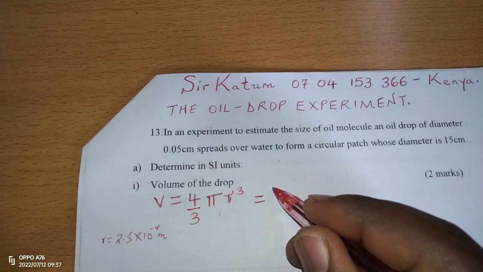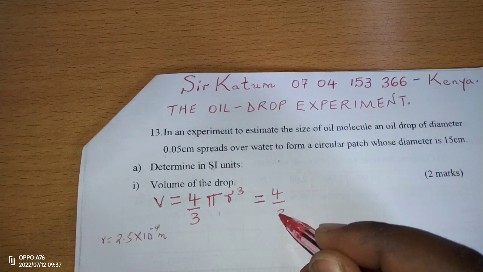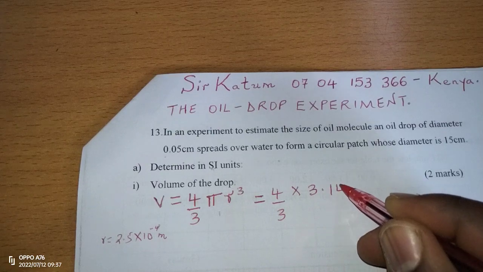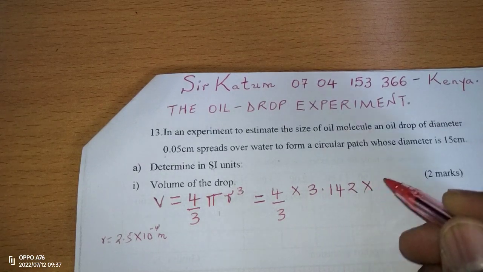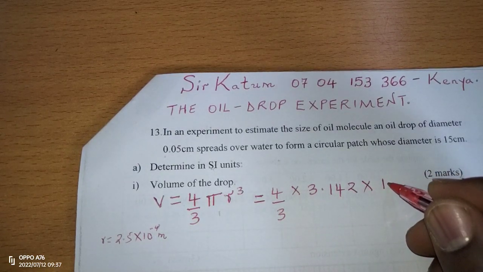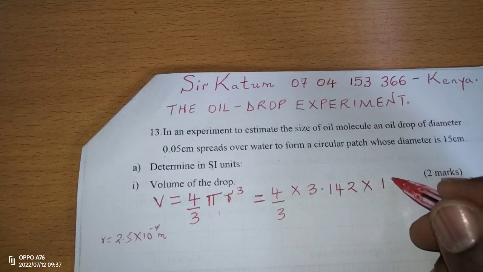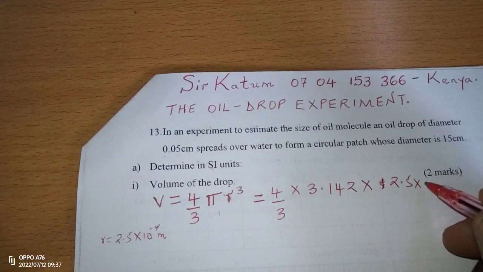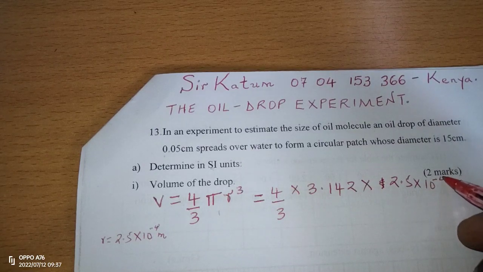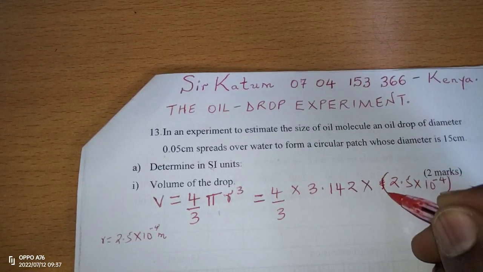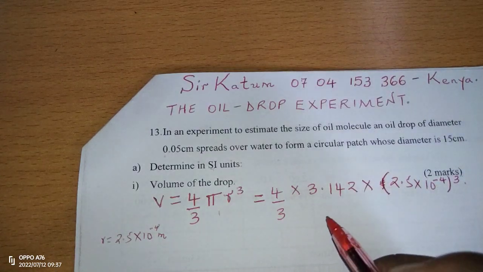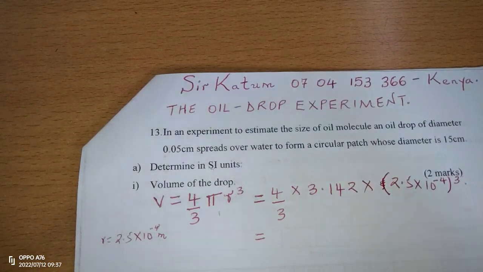So now we substitute 4/3 times pi, I use 3.142, multiplied by the radius, 2.5 times 10 power negative 4, which we raise to power 3. We cube the radius.